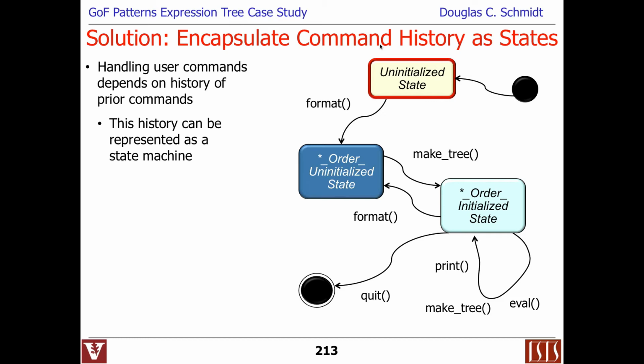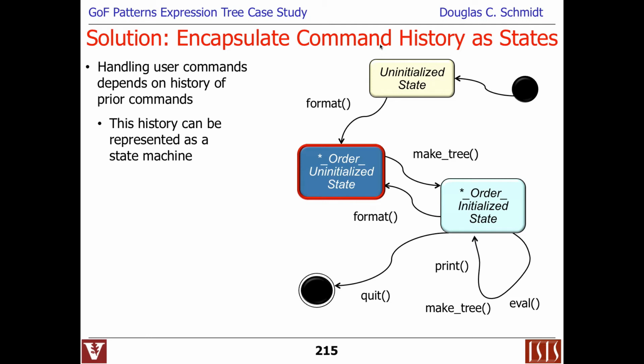So in our particular case, we're going to have a couple different states. We're going to start out in the uninitialized state. And when somebody calls format, we're going to transition into the ordered uninitialized state. I have a star there because it could be in-order uninitialized state or pre-order uninitialized state. It all depends on what the format was: in-order, pre-order, and so on.